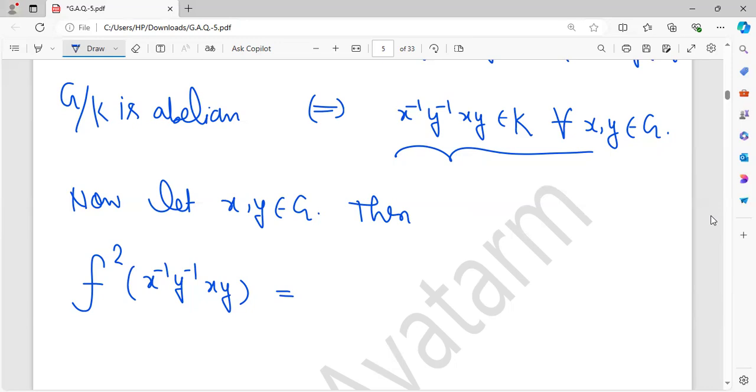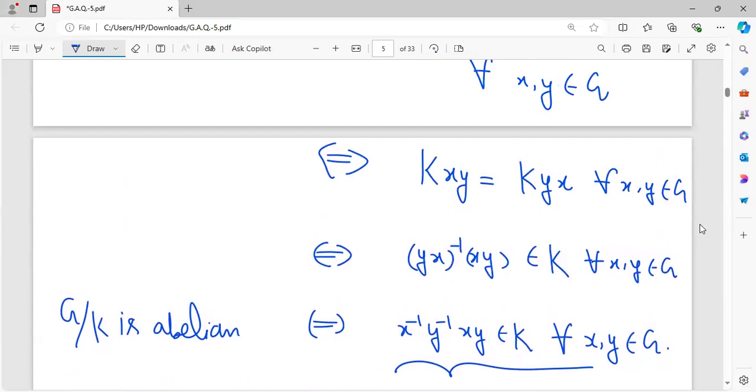This is f. Or you can check this one also if you want. No problem. Sorry, you can write here this one. So this is equal to this one, so this will come here.